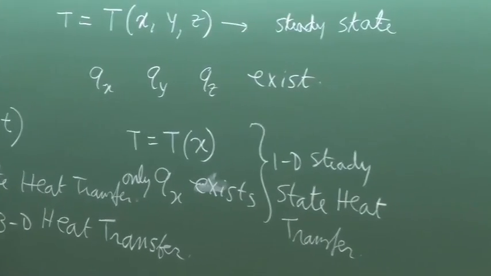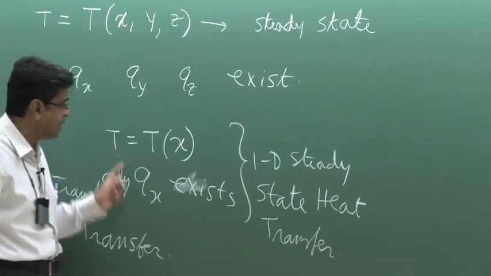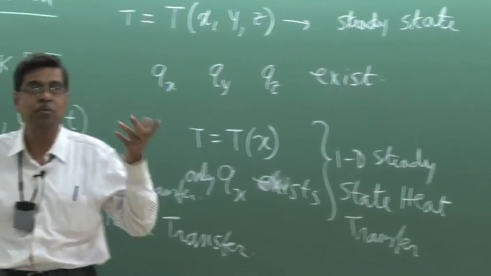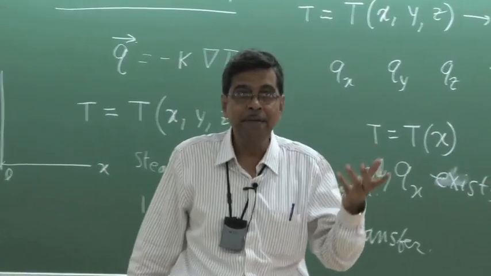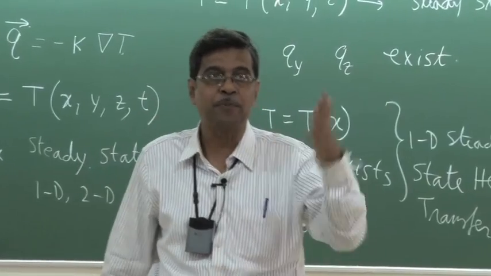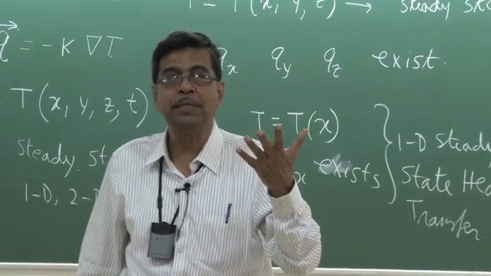transfer. Let us concentrate on 1-dimensional steady state heat transfer, where temperature ceases to be a function of time and it is a function of only 1 space coordinate along which there is a heat flux.